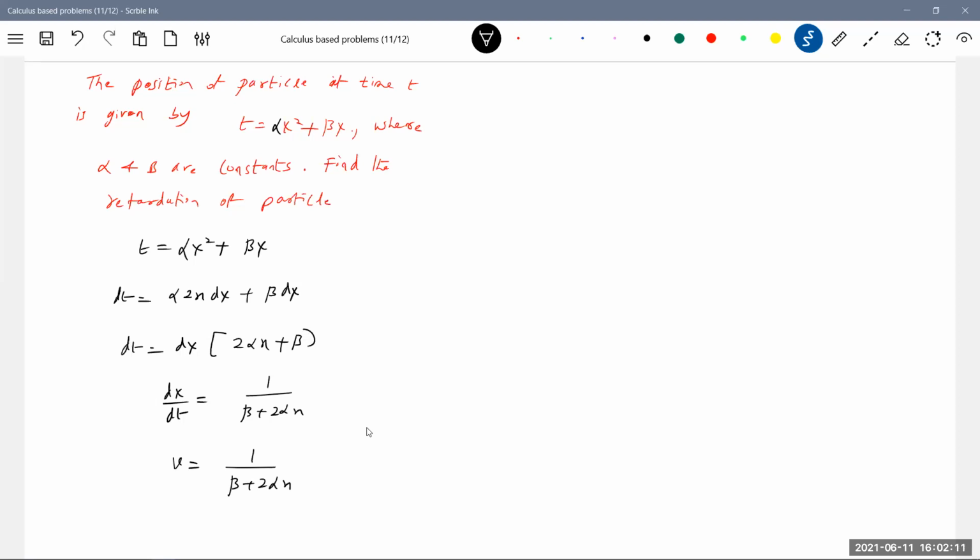Yes, you can differentiate with respect to time. So dv by dt is equal to minus 1 into (beta plus 2 alpha x) to the power minus 1, into the derivative of this one.